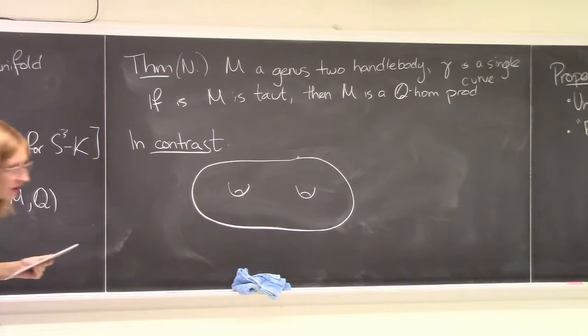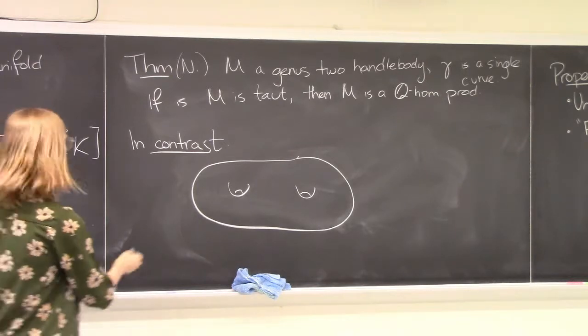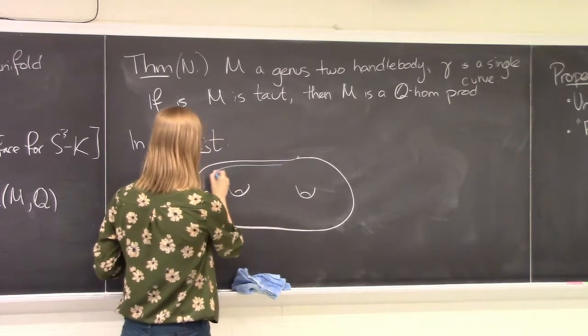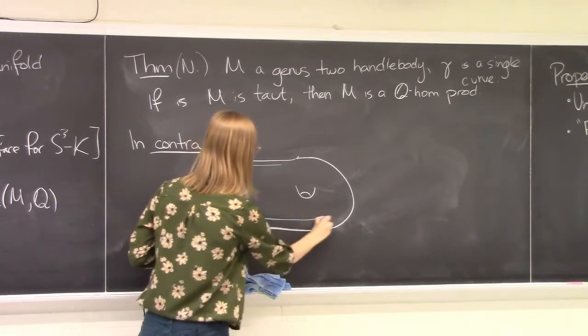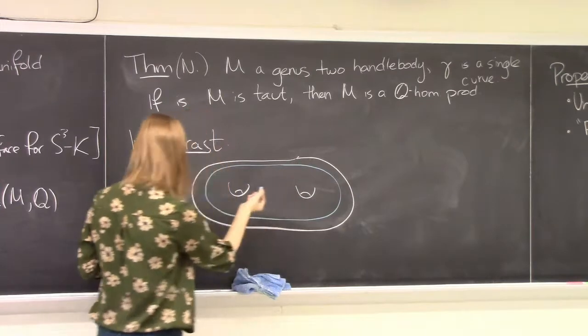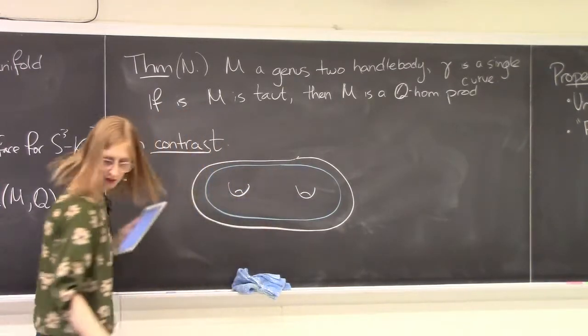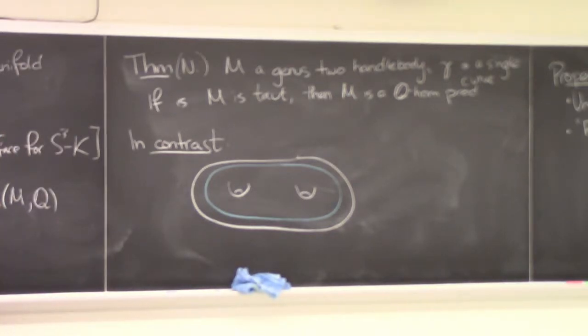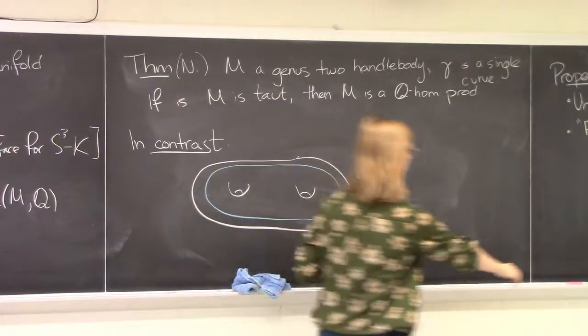We need these curves to be separating. But we can look at a set of 3 sutures which separate the boundary into 2 pairs of pants.